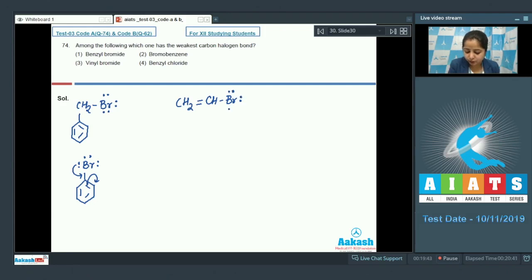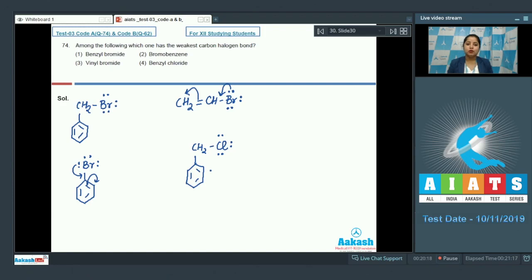Let's draw the lone pairs of bromine. Students, in this case also, the lone pairs of bromine will participate in resonance, which ultimately gives rise to partial double bond character. As a result, the C-X bond strength will increase. Let's move to the last option, which is benzyl chloride. In this case, carbon is attached to benzene, which is further attached to chlorine. Let's draw the lone pairs of chlorine.